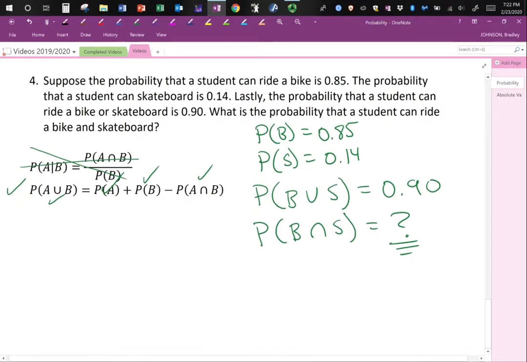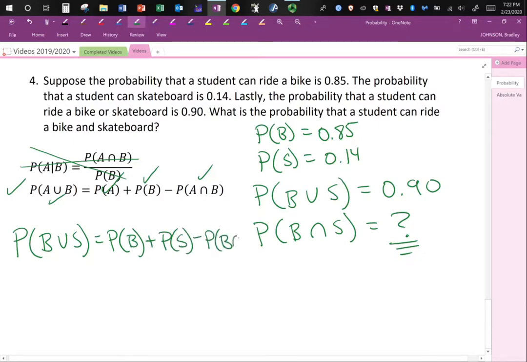So we will be using the addition rule. So let's make our own formula, since the letters are quite different in this one. B union S would be equal to probability of B plus probability of S minus the probability of B and S. And I'll separate that away. So the probability of B union S was 0.90.